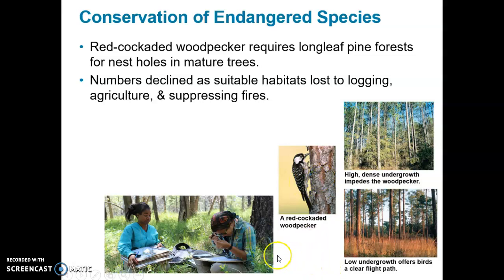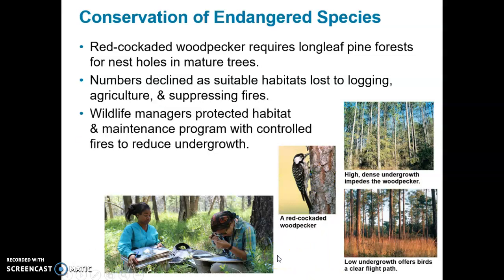Well, through conservation study, they've been able to figure out how to help mitigate the damage to help this species of bird bounce back. Wildlife managers have been able to protect some of their habitat and also have maintenance programs that help limit the amount of undergrowth by having controlled fires to reduce the density of the undergrowth so that the bird habitat has been reestablished in certain ways.